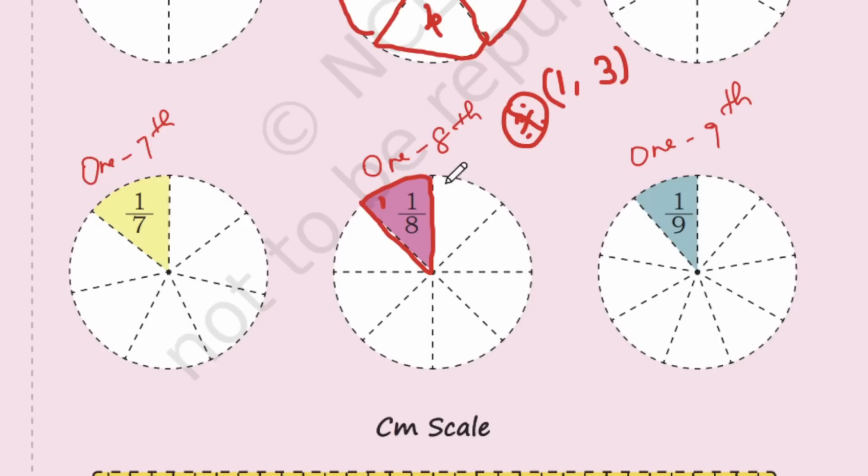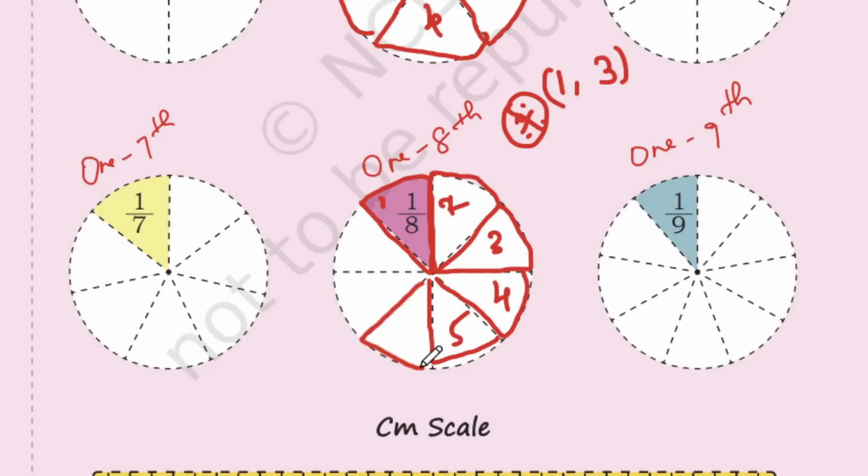So this is the first piece. And this is the second piece. Third piece. Fourth one. Fifth one. Sixth one. Seventh one.